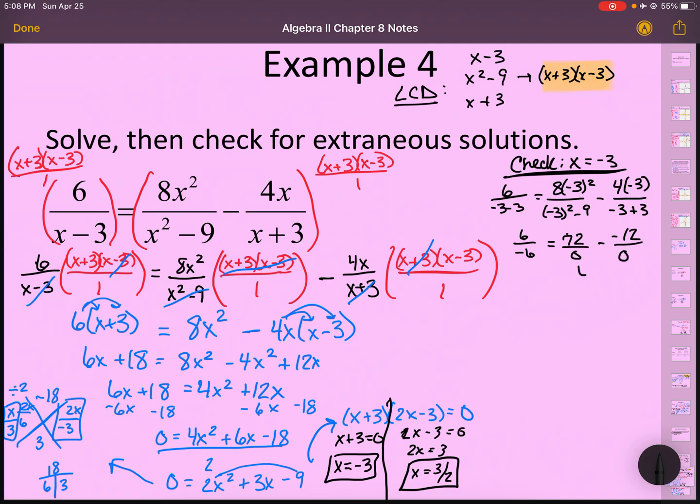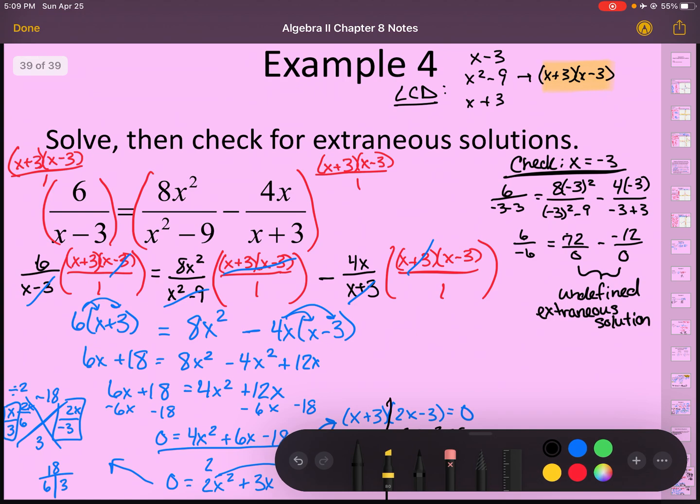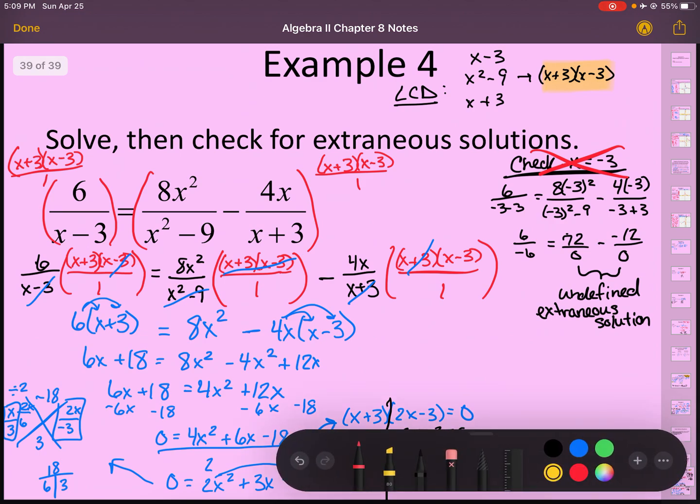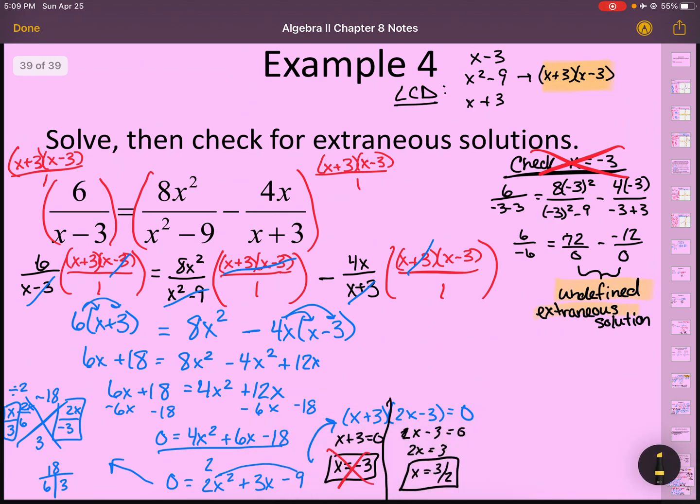But notice how these are over 0. These are undefined, which means it is extraneous. So we cannot use x being negative 3. It is extraneous, okay? So that is very big to point out because of these zeros.